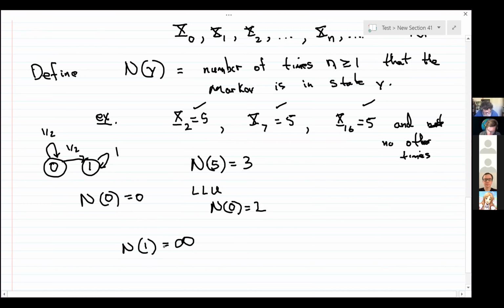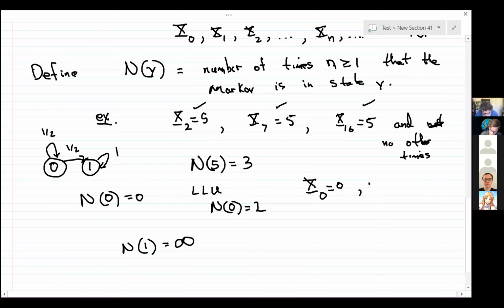Professor, I have a question. Sure. For your example, looping and then going up, wouldn't it be 0, or do we not count the initial state? So I'm doing this assuming I'm starting at 0. So what do I know? I know at time 0, I'm at 0.